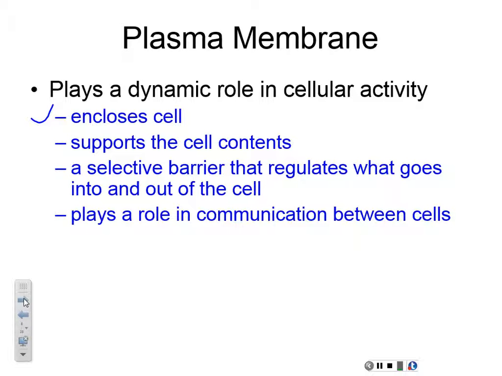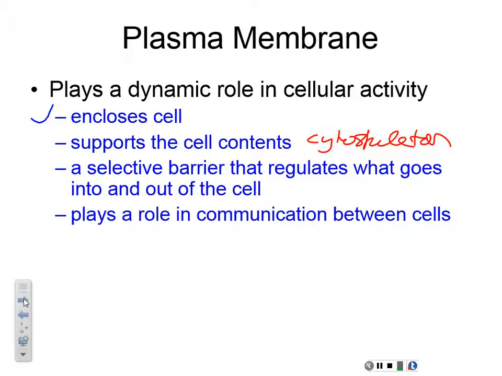The cytoskeleton is what supports those organelles in place. The movement of vesicles within the cell is the result of the cytoskeleton, which is long fibrous proteins, like rods, literally, that scaffold things around and keep them in place.